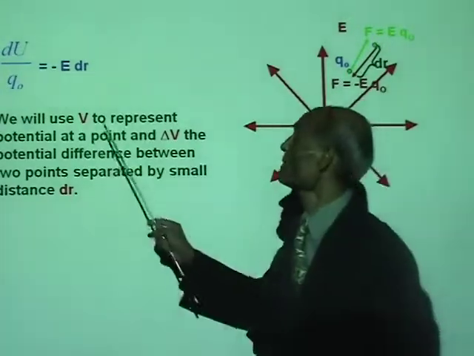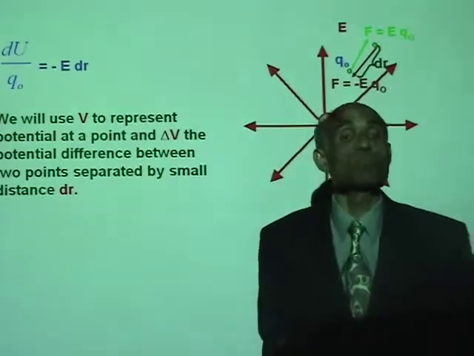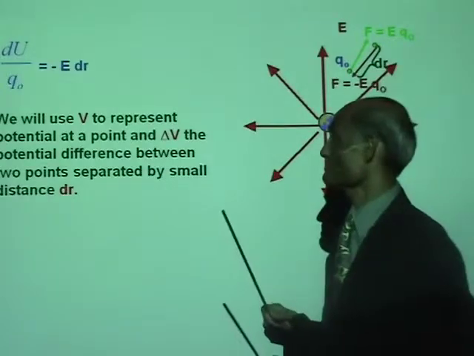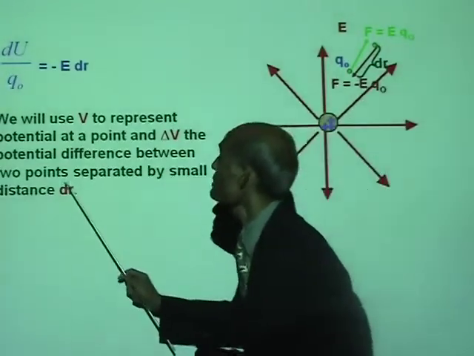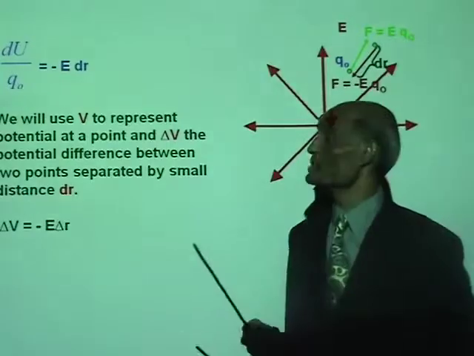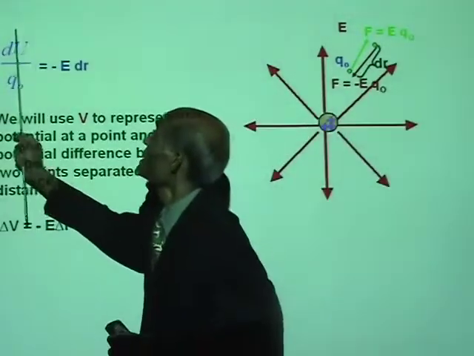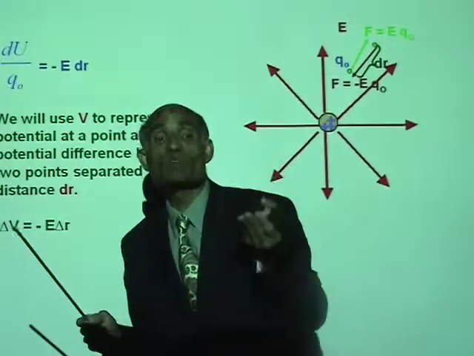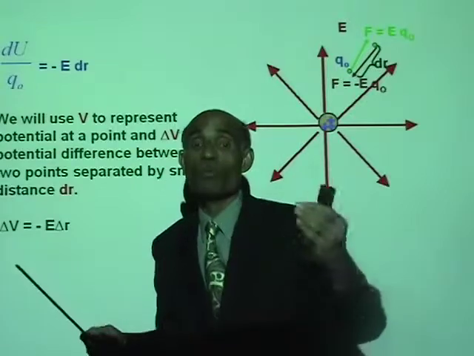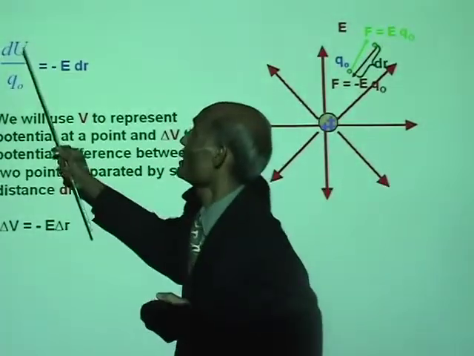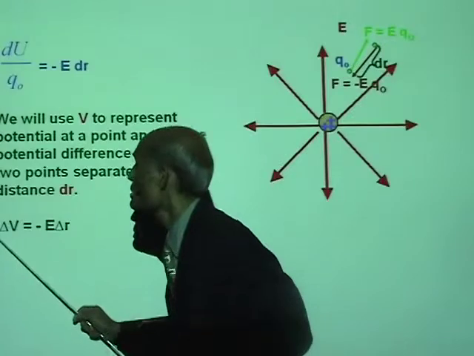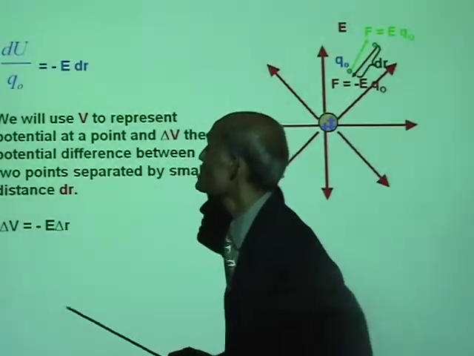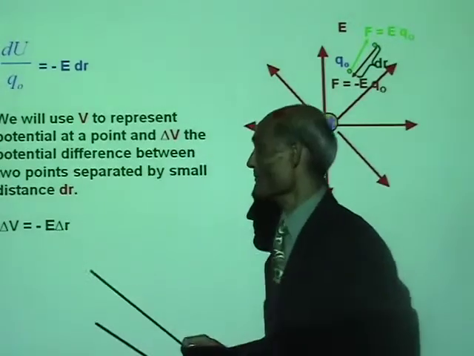So from now on, we will use V for electric potential and delta V for potential difference between 2 points separated by a small distance dr. In such a case, dU divided by q0, in other words, potential energy per unit charge, which is the same as work done per unit charge, which is called the potential difference between the 2 points, equal to negative E delta r.